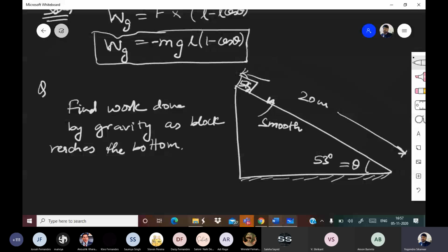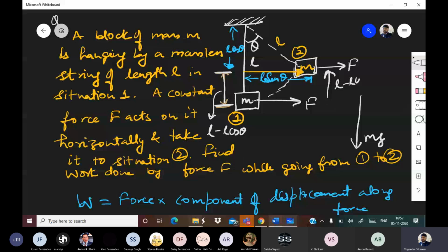In the previous question, Anson, please pay attention. We are applying the method that work done is equal to force into component of displacement along force. Your force is acting in this direction. So component of displacement along force is this much, which is L minus L cos theta, because only this much height it has gone up.